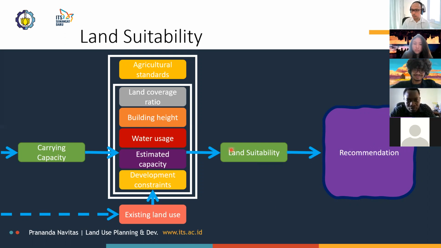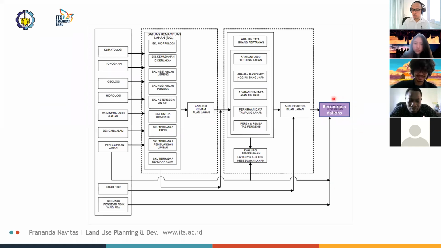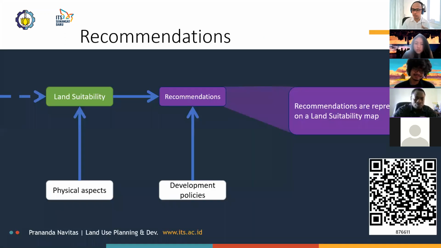Now, it may seem like a straightforward process, but generating a recommendation is not as simple as, all right, we found what sort of development the land is suitable for, let's generate some recommendations. Unfortunately, it's not as straightforward as that, because right at the end here, there are a few other arrows that feed into the recommendations.